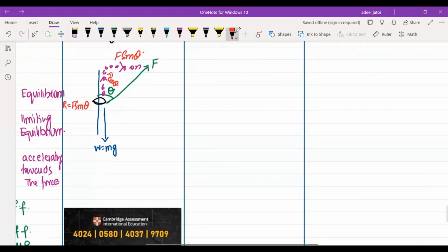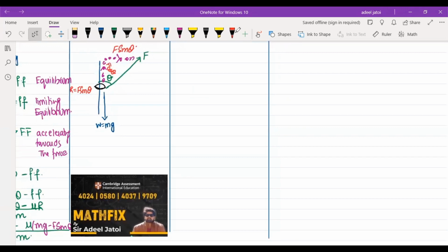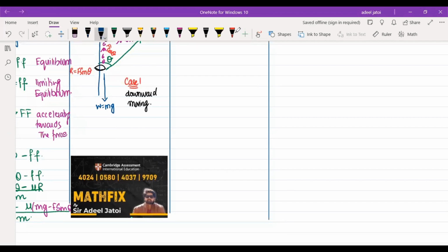Now, if we just look at this, the case says the object is moving downwards. Downward moving object, right? So if it is moving downwards, then the frictional force acts upward. If the object is falling downwards, then the frictional force acts upward.